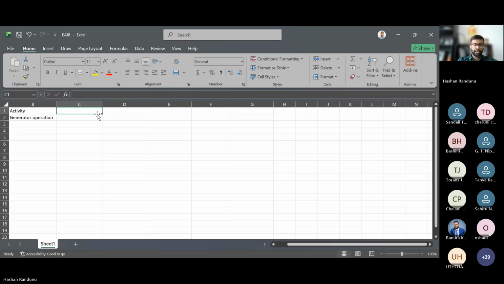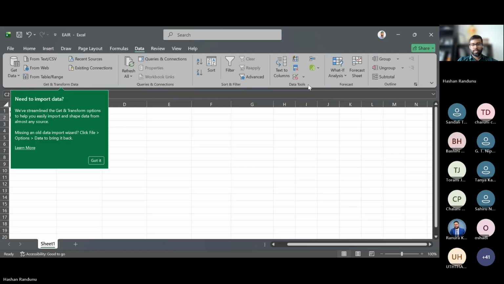Then you need to identify whether this activity is normal, abnormal, or emergency. I will add another column for the type of the activity. This activity type can be normal, abnormal, or emergency, so let's have a drop down for this.